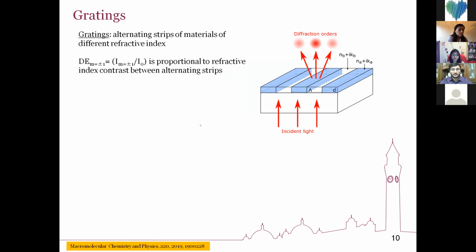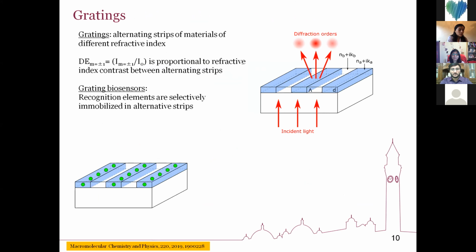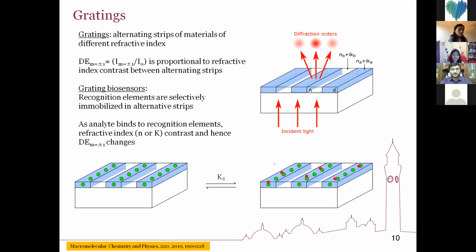And this ratio is proportional to the refractive index contrast between the strips. So this means we can attach recognition elements in alternating strips, and as analyte binds, the contrast between the strips changes and the diffraction efficiency changes. So this allows us to do quantitative measurements.